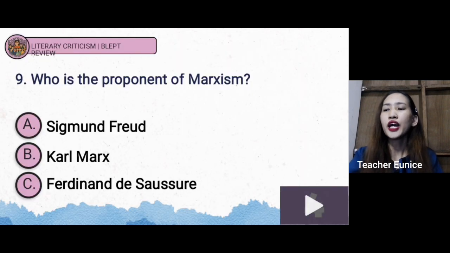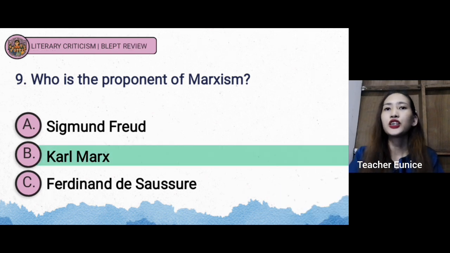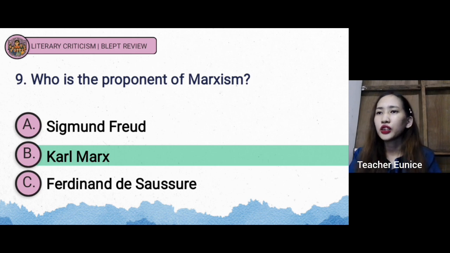Okay, time is up, and the correct answer is letter B. So the proponent of Marxism is Karl Marx. Sigmund Freud was the founding father of psychoanalysis, a theory of how the mind works. And structuralism as a literary theory and linguistic discipline can first be traced back to the ideas of Ferdinand de Saussure.